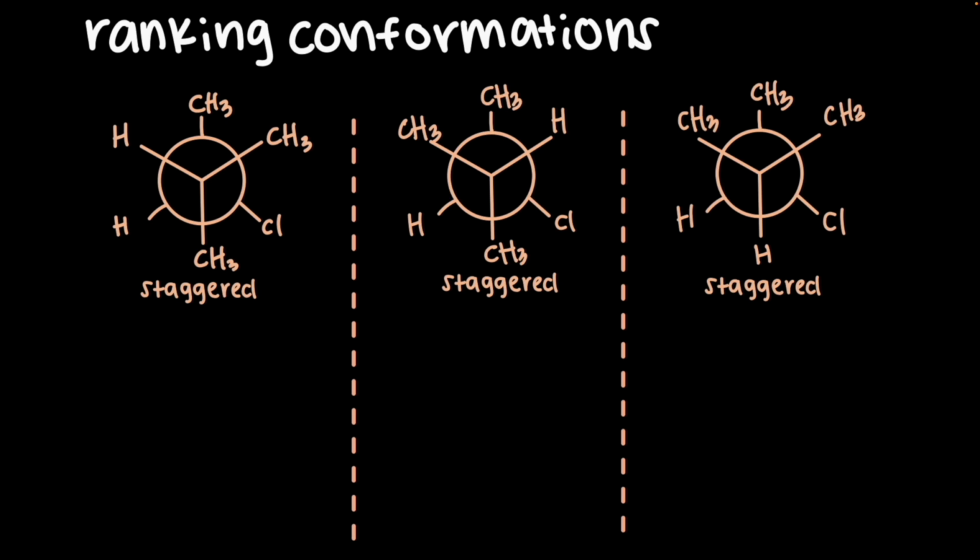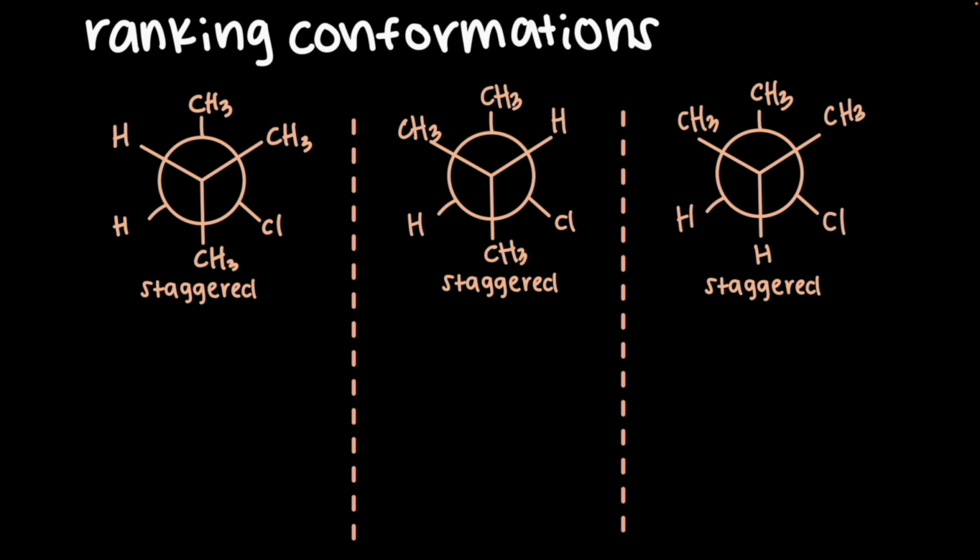For each conformation, I'm going to look at all anti and Gauche interactions and write them down. The most important interactions that contribute the most to energy differences will be groups other than hydrogen. So I'm not going to focus on the groups that have hydrogen involved, and I'm just going to focus on the larger groups besides hydrogen.